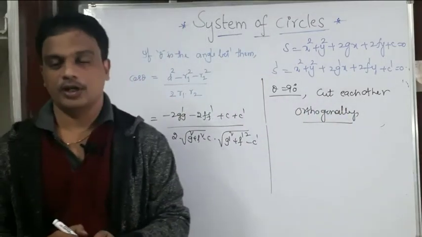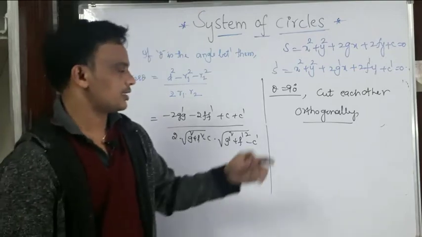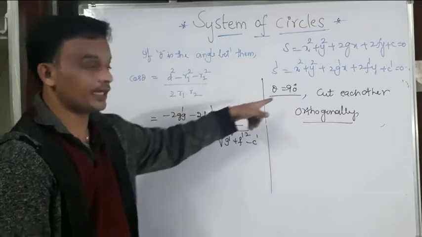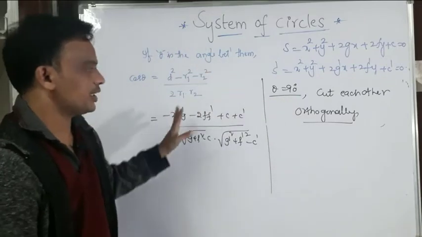What is the meaning of orthogonally? When two circles cut each other orthogonally, the angle between them is 90 degrees.